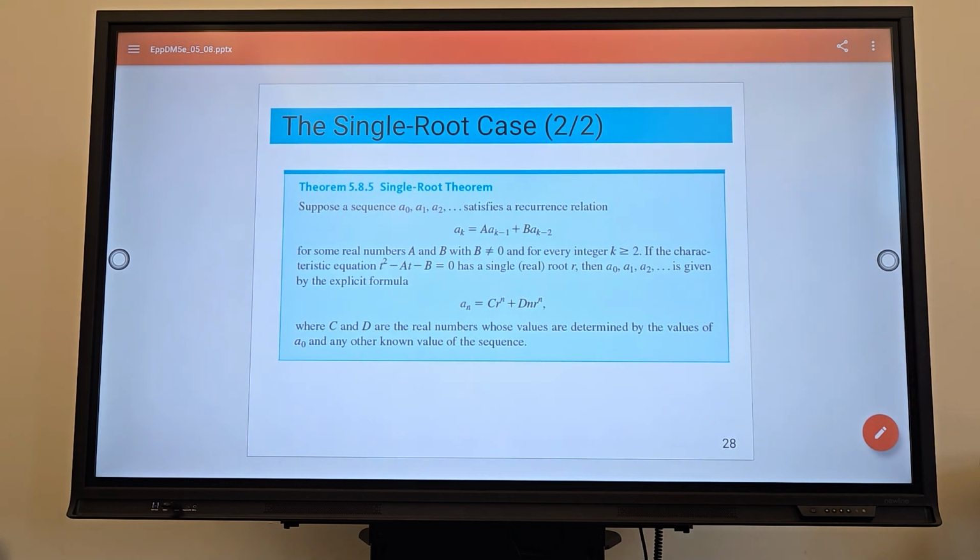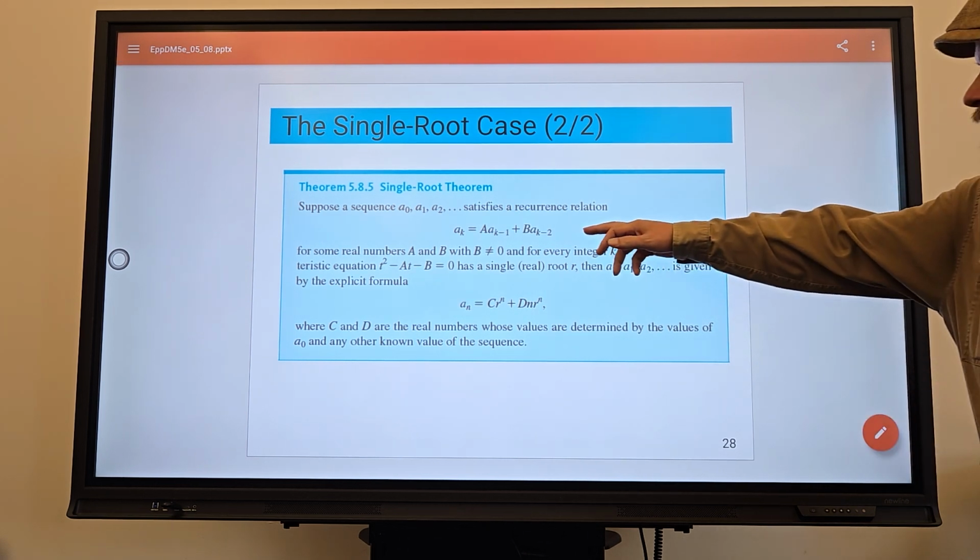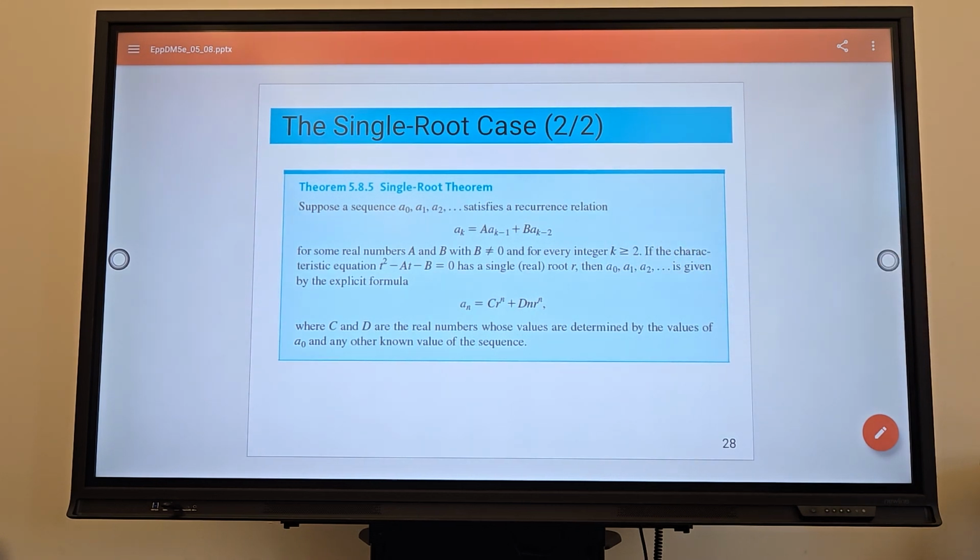Theorem 585. Single root theorem. Suppose the sequence satisfies the recurrence relation given here for some real numbers a and b, with b not being equal to 0, and for every integer k greater than or equal to 2.